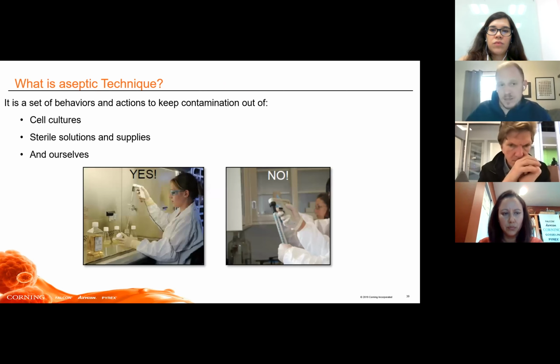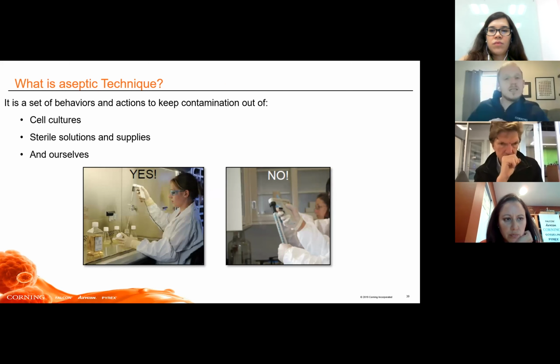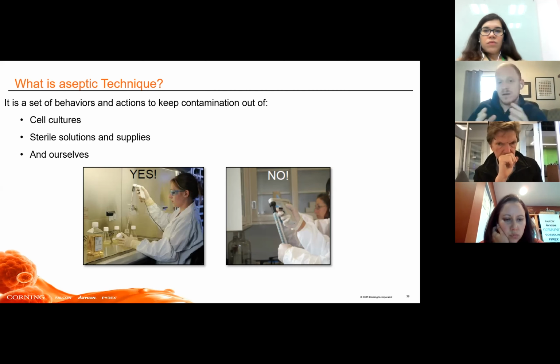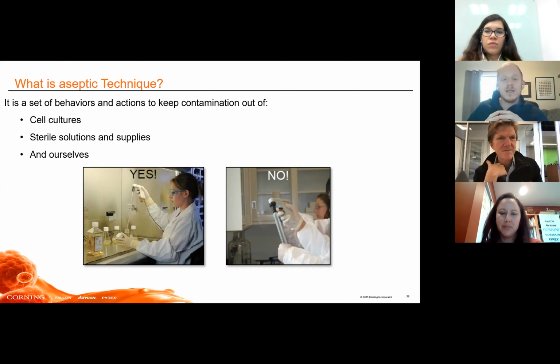So what is aseptic technique? Essentially, it's a set of behaviors and actions to keep contamination out of not only your cell cultures, but your reagents and the supplies that you're working with, as well as keeping the things that you're working with, if they might be dangerous, off of our cells. It's really difficult to present practical aseptic technique theory over a webinar. It's best taught live as hands-on training, but it's more of a mindset than individual practices.